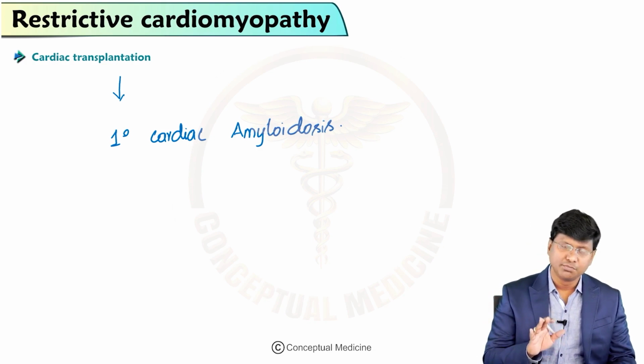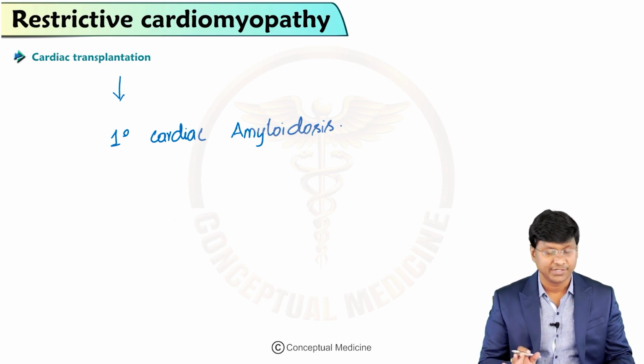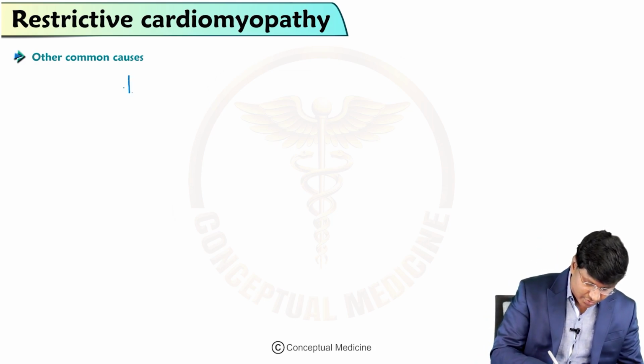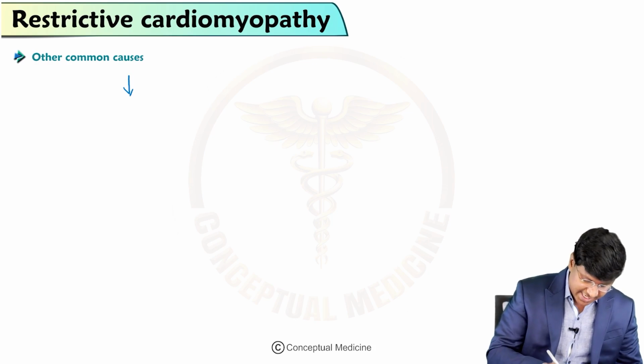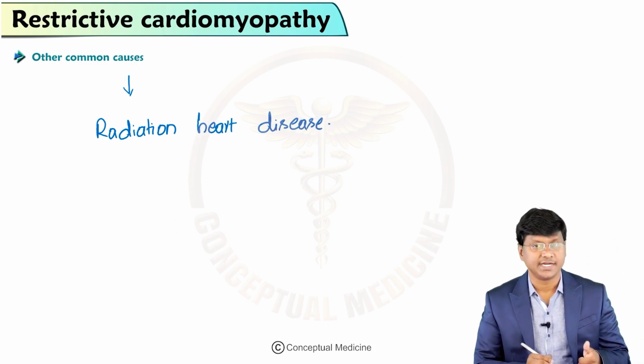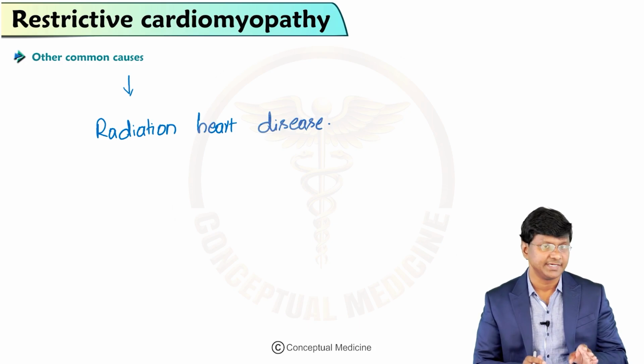Now, the most common cause of restrictive cardiomyopathy is cardiac amyloidosis. Then what are the other common causes? The other common causes include radiation heart disease. Radiation can lead to a mixed restrictive and constrictive pericarditis.